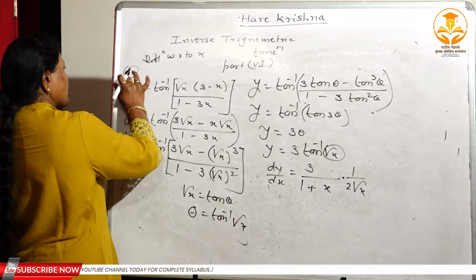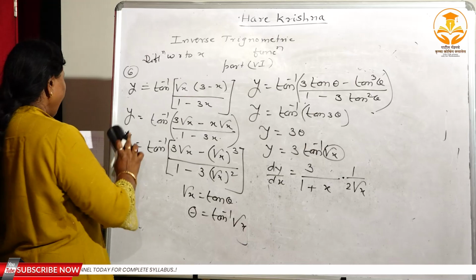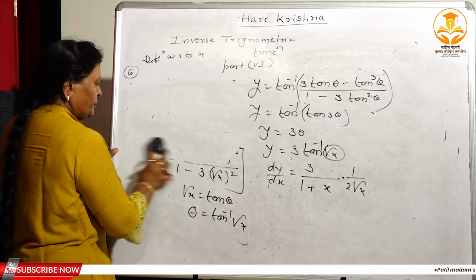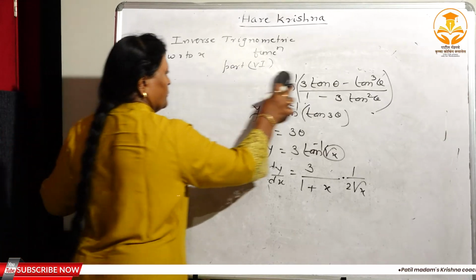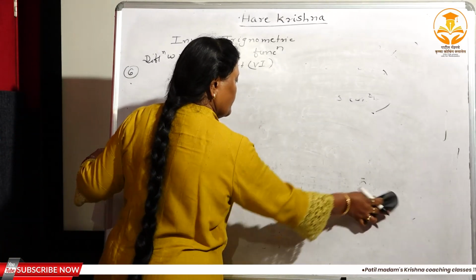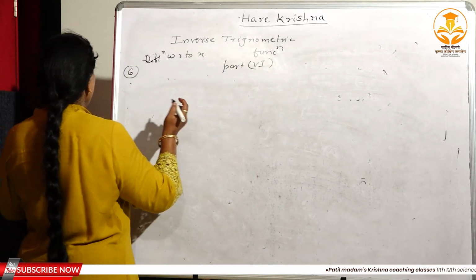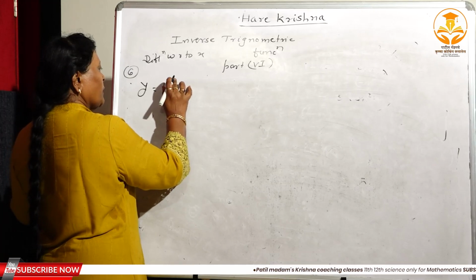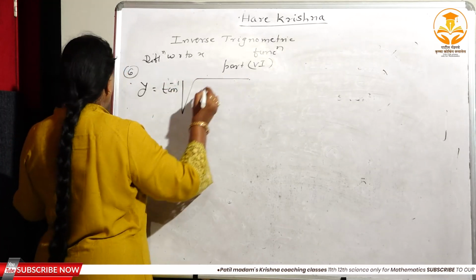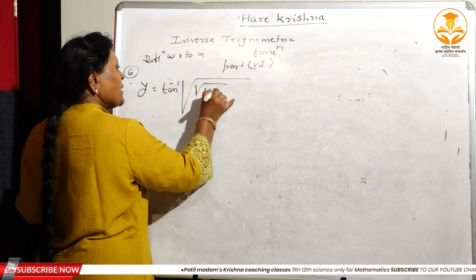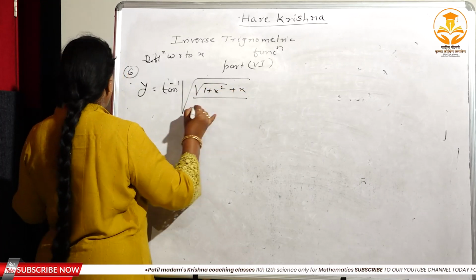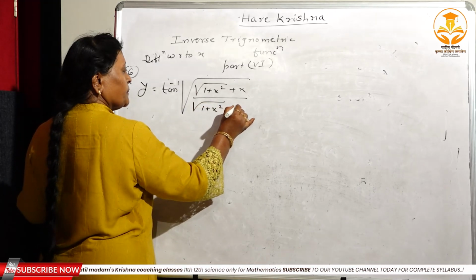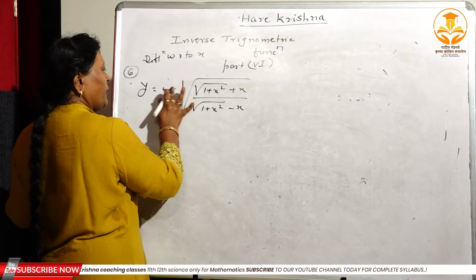Now I will take the sixth one. y is equal to, again tan inverse, root of (1 plus x square) plus x and root of (1 plus x square) minus x, and here again tan inverse.